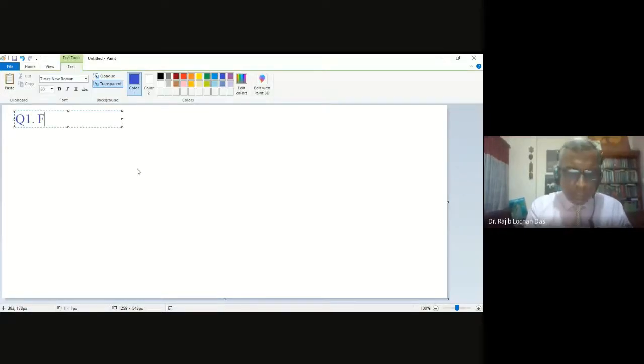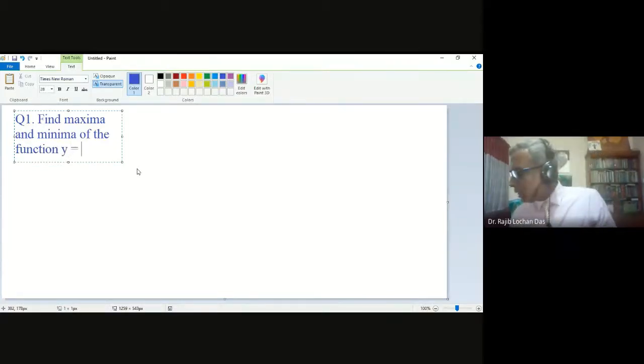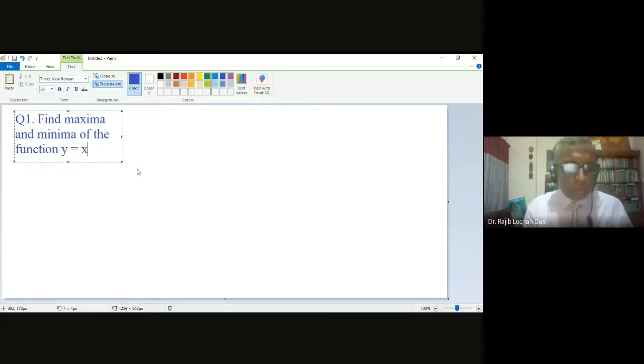Find maxima and minima of the function y equal to x cube, minus 7 by 2 x square, and then plus 2x, and then plus 15.